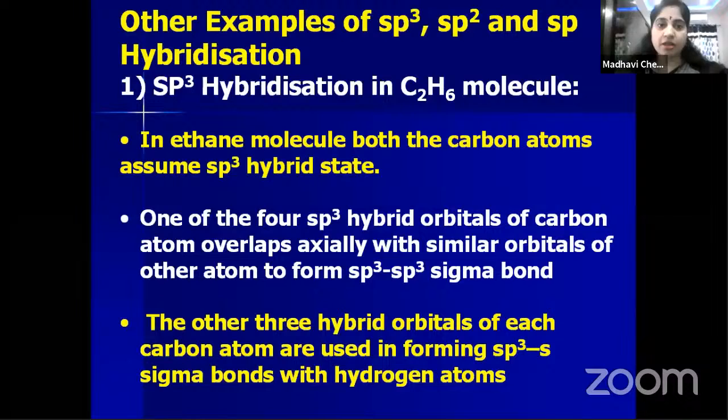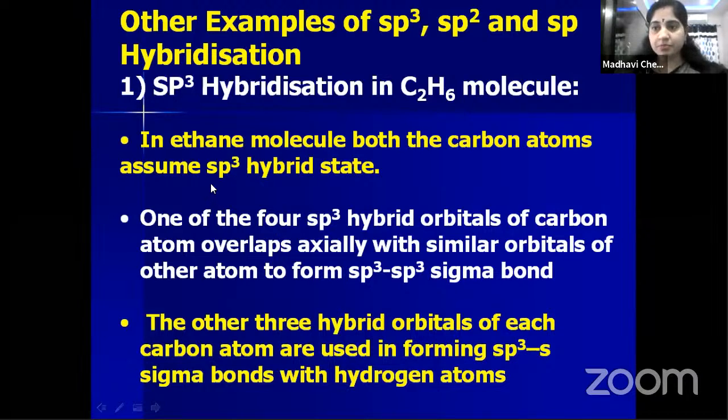So in the ethane molecule, children, there are two central atoms, two carbons act as central atoms. You know that in hybridization only the central atom undergoes hybridization. Only the valence shell orbitals present in the valence shell are involved in the hybridization, right children? So each carbon undergoes sp3 hybridization and forms how many sp3 hybrid orbitals, children?